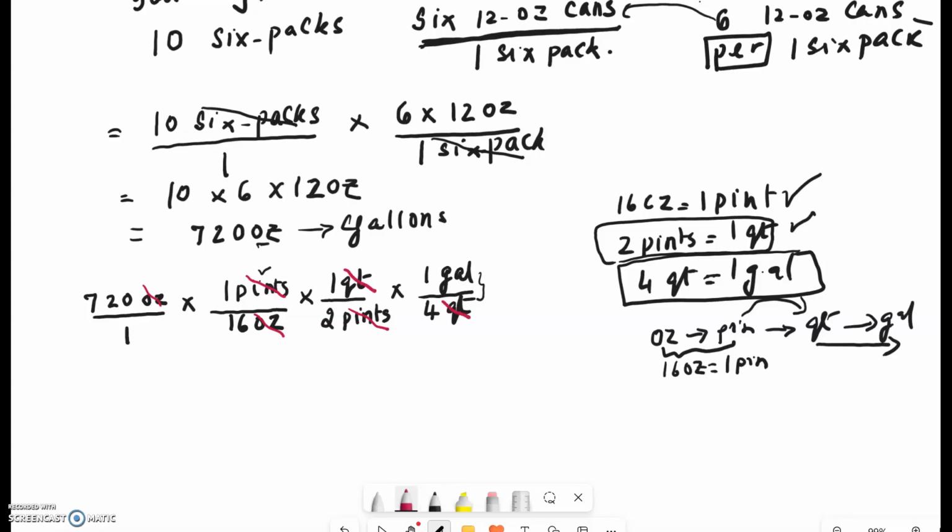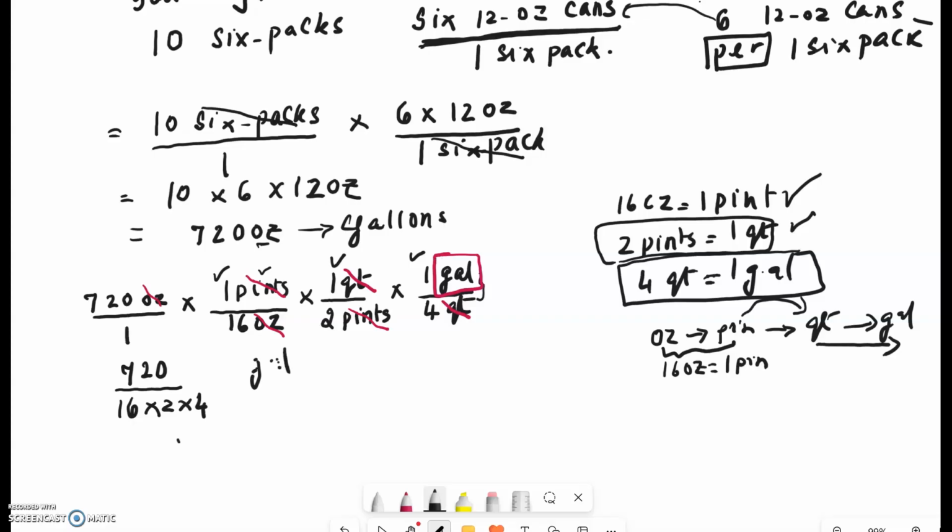So we cancel these two, and now we have everything converted to gallons. So you have 720 times 1 times 1 times 1, which is just 720, divided by 16 times 2 times 4. And if I do this calculation, my final answer is going to be in gallons.